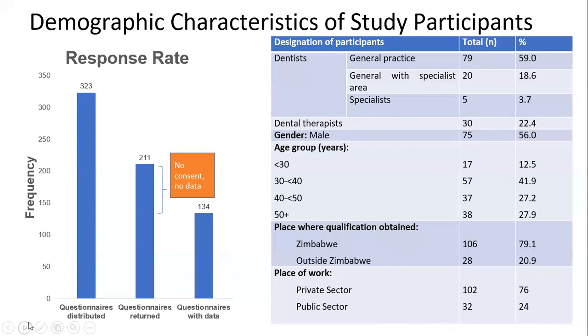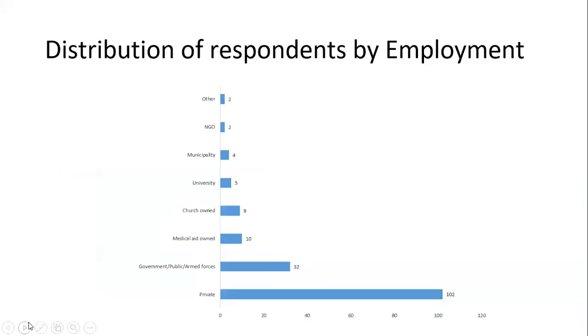In terms of categorization of the participants, if we look at the distribution by employment of the respondents, like we said, 102, the majority were in private practice, quite a sizable number in the other areas of practice.